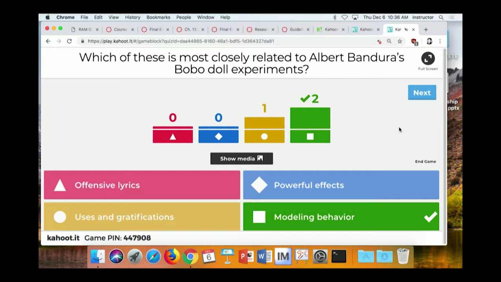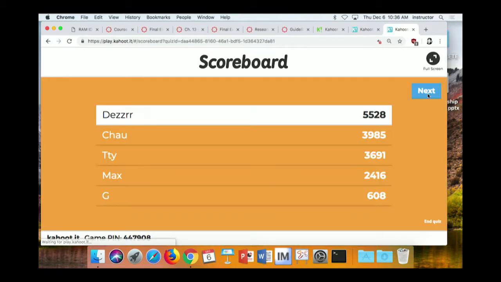So the Bobo doll was modeling behavior. So remember, they showed a bunch of videos of kids beating up Bobo dolls and then turned kids loose with a Bobo doll in the corner of the room, and they looked to see if the kids beat up their own Bobo doll. And the conclusion was that, yeah, they were modeling the behavior they had seen in those videos. So it is modeling.